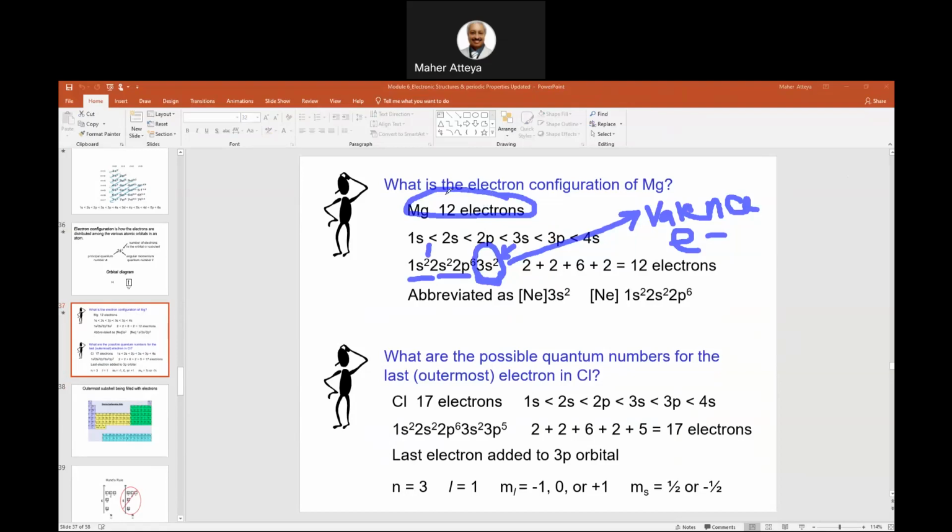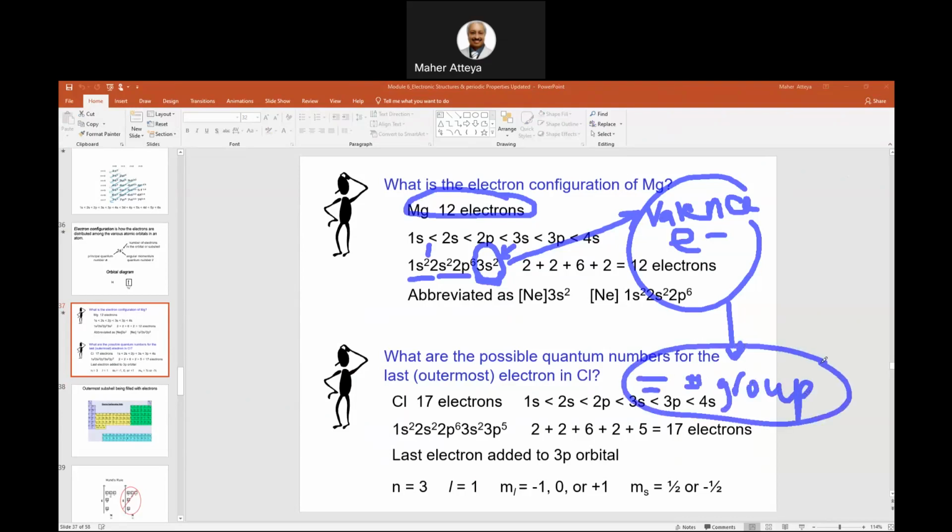So valence electrons are equal to the number of the group, not the period, the group. This is very, very important to know. You can look at it in the ebook, in the PowerPoints.